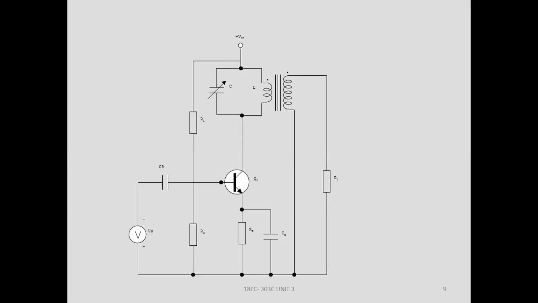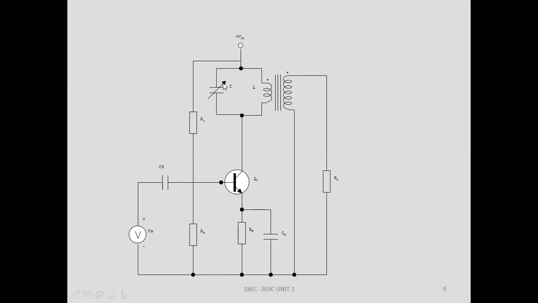This is a circuit diagram of a single tune amplifier. If you observe, this is a common emitter circuit. R1 and R2 are the voltage dividing biasing resistors, and this is the input capacitor. This is the applied input signal Vs, the source voltage. Re and Ce are the emitter resistor and emitter capacitor for thermal stability.